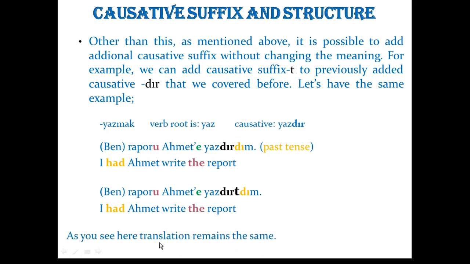As you see here, translation remains the same. So that is what you can hear or see in spoken language as well as in formal language. But if you just learn the rules mentioned here, you can use the causative structure as it is.